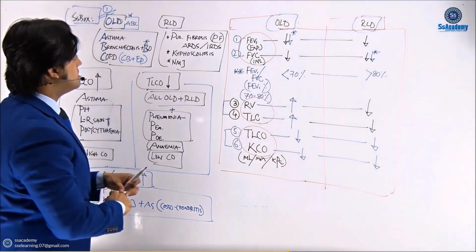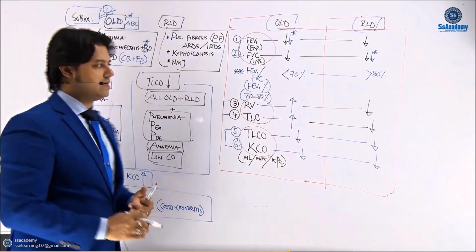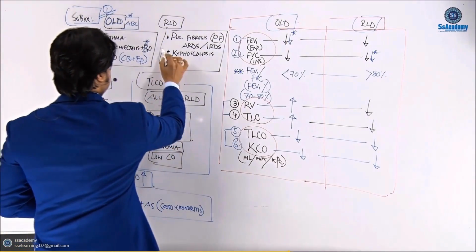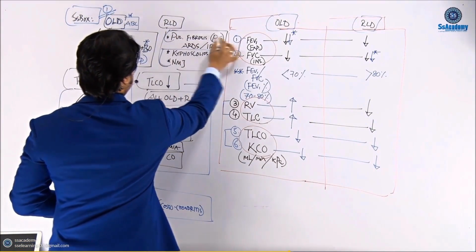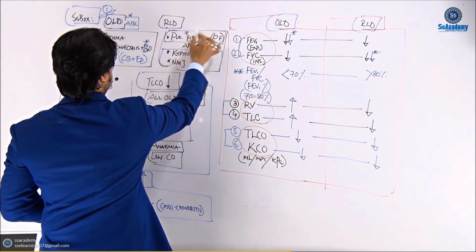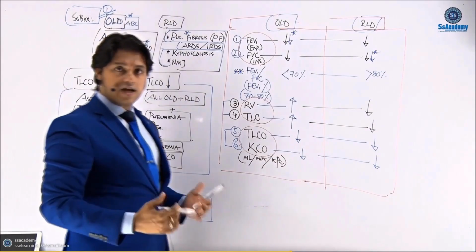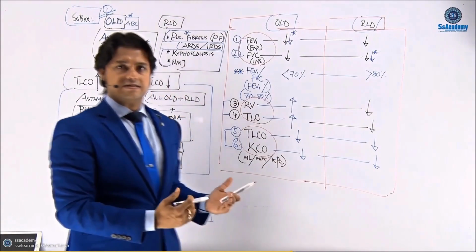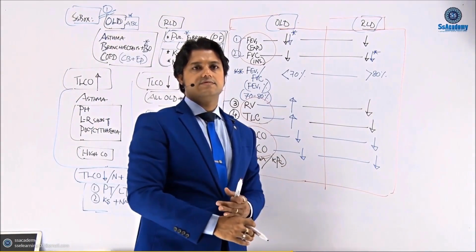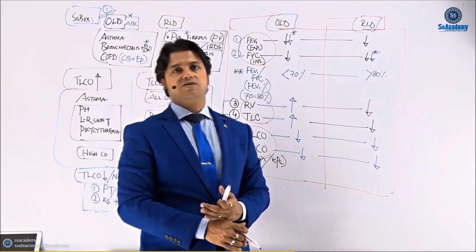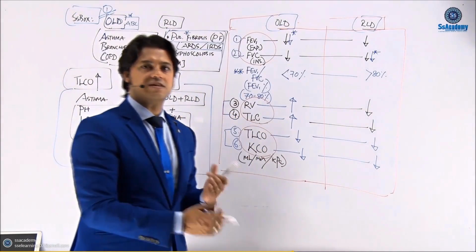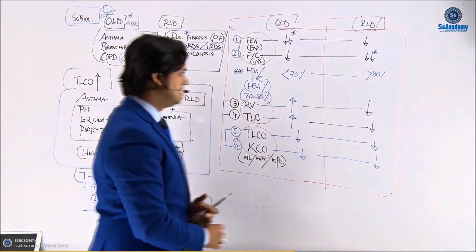Next is the restrictive lung disease, means fibrosis, my dear. Must remember what I'm saying. Restrictive lung disease means pulmonary fibrosis. That's it. And pulmonary fibrotic-like lesions, these are ARDS or IRDS, means adult respiratory distress syndrome or infant respiratory distress syndrome.